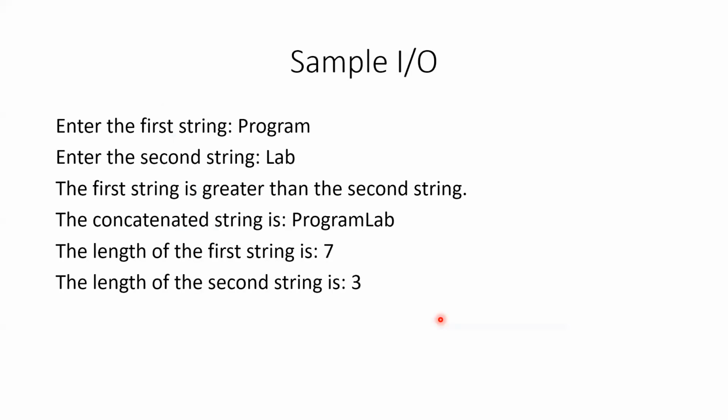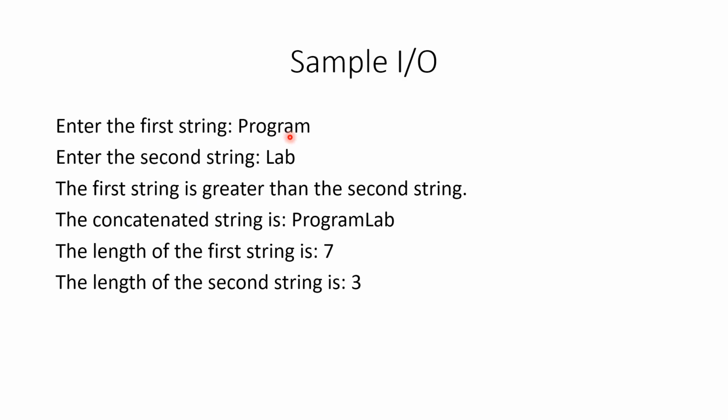So this is how the comparison is done, and this is the required sample input and output for our program. The user enters two strings. We need to tell whether the first string is greater, smaller, or equal. Greater means the first string has more characters than the second string.